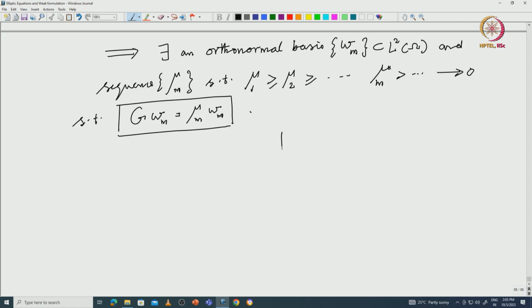Now, what you do is put lambda_m equal to 1 over mu_m.